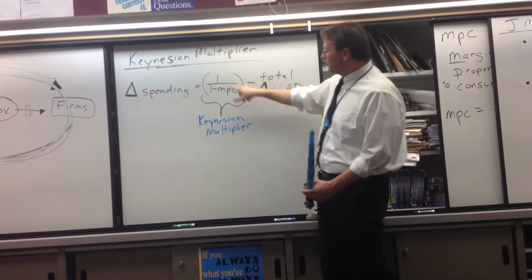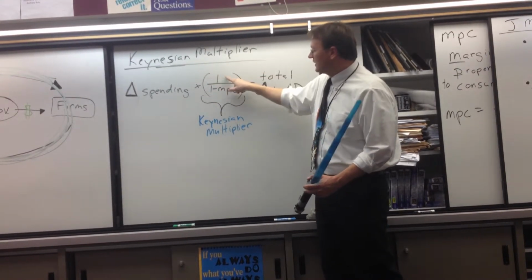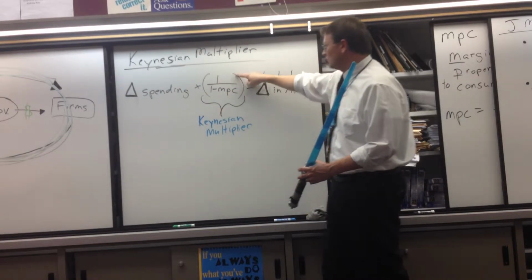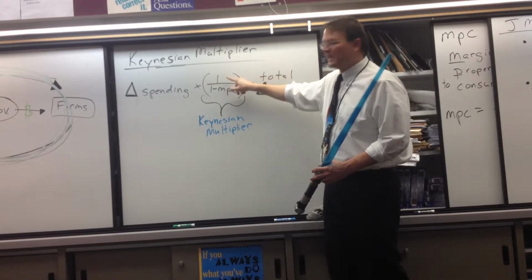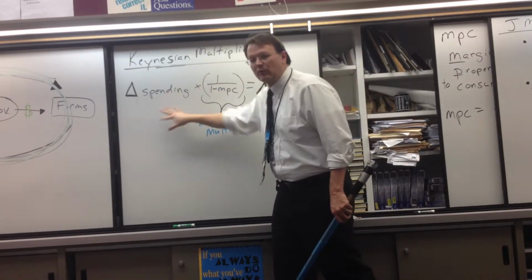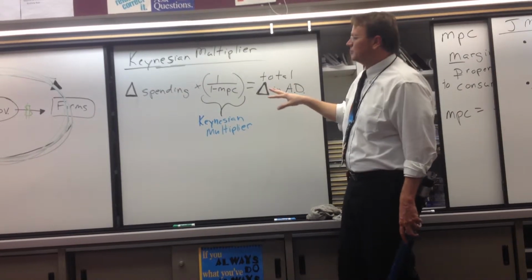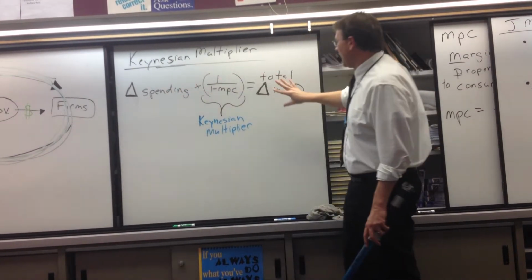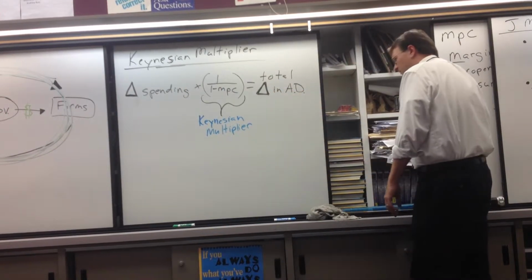So we call this formula right here, 1 divided by 1 minus the MPC, the Keynesian multiplier, and this is how it's useful. The Keynesian multiplier is useful for us to understand when there's a change in spending, how much does it change in total aggregate demand.